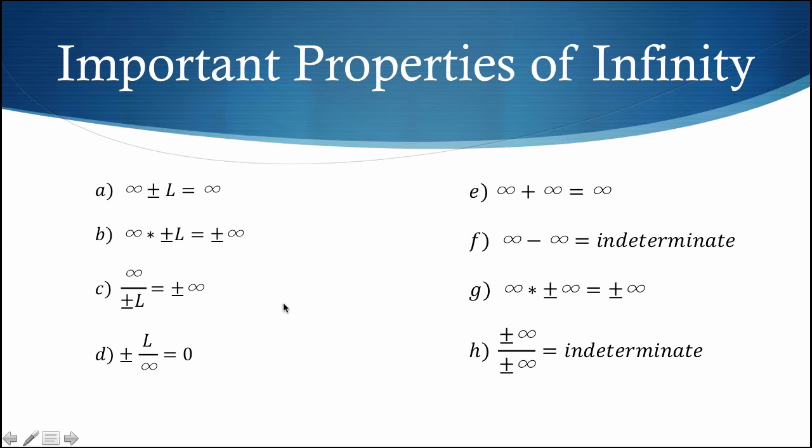If you take a number and divide it by infinity, no matter whether it's positive or negative 2 in this case, or it doesn't even matter if it's plus or minus infinity, you're still going to get 0. And that's because imagine what happens as the denominator grows and grows. So let's give you an example. We have 2 over x, right?